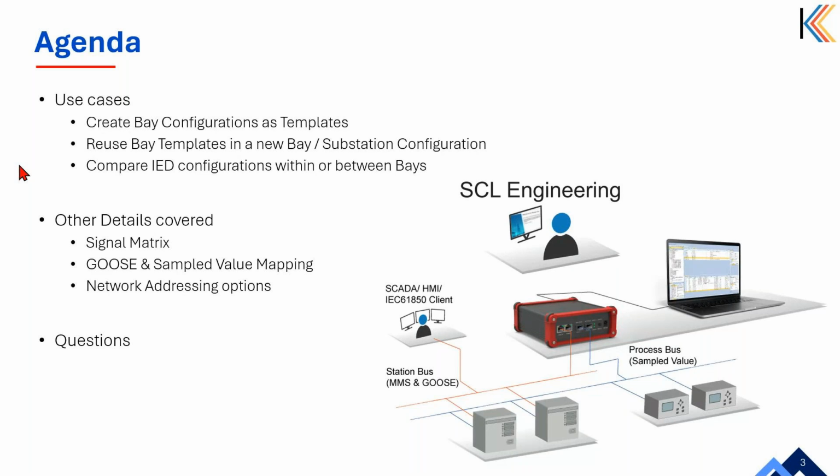So once you design the signals and identify the mapping of signals between the devices, then it's just a matter of replicating that configuration across multiple bays, and that will drastically reduce your engineering time.